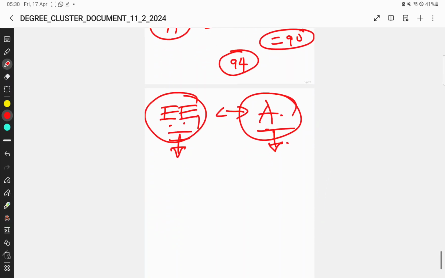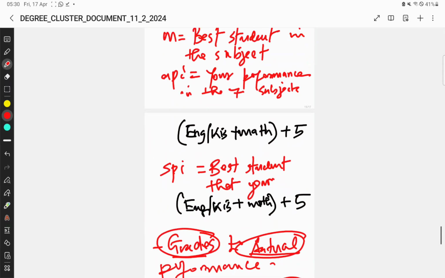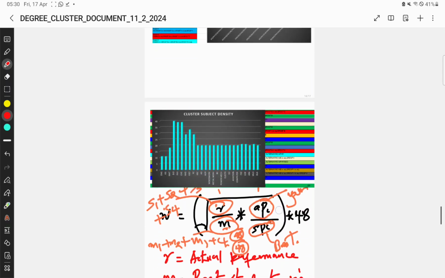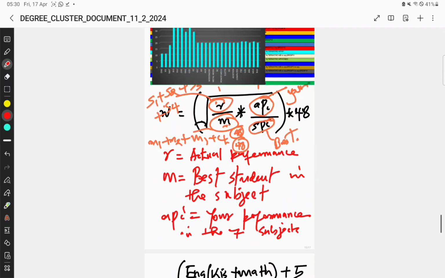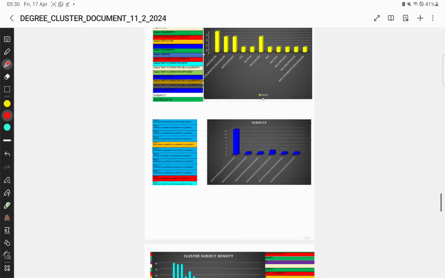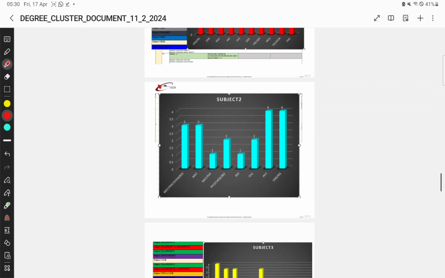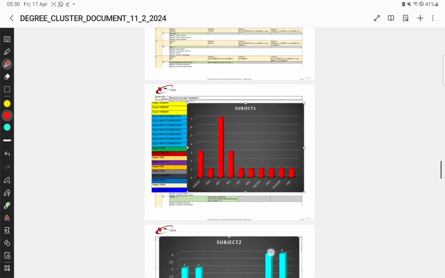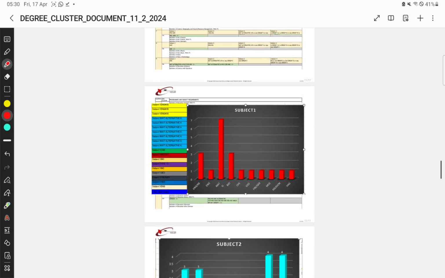The concept of performance ranking still works. What we are saying here is actually performance ranking. What is your score against the best student? Let's say cluster subject 1, and the career or the course that you want is focusing more on this cluster subject, say it's focusing on biology, for example.